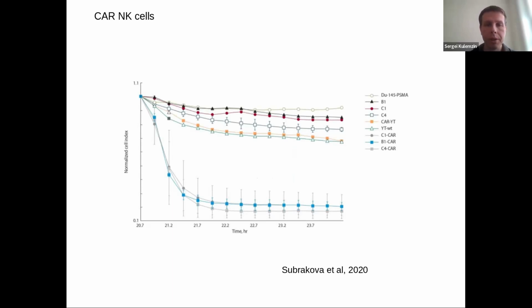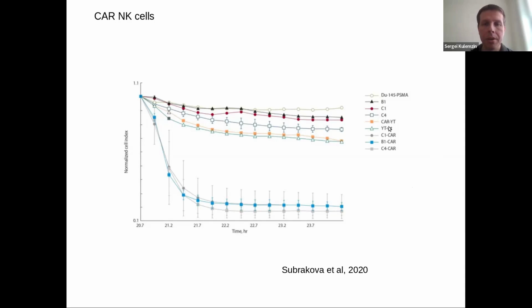We were trying to build better NK cells to be carriers of CAR. We made one research with NK cell lines, the YT NK cell line, where we made a knockout for the SHP2 gene. And then we compared how CAR NK cells with SHP2 and without SHP2 can eliminate tumor cells.